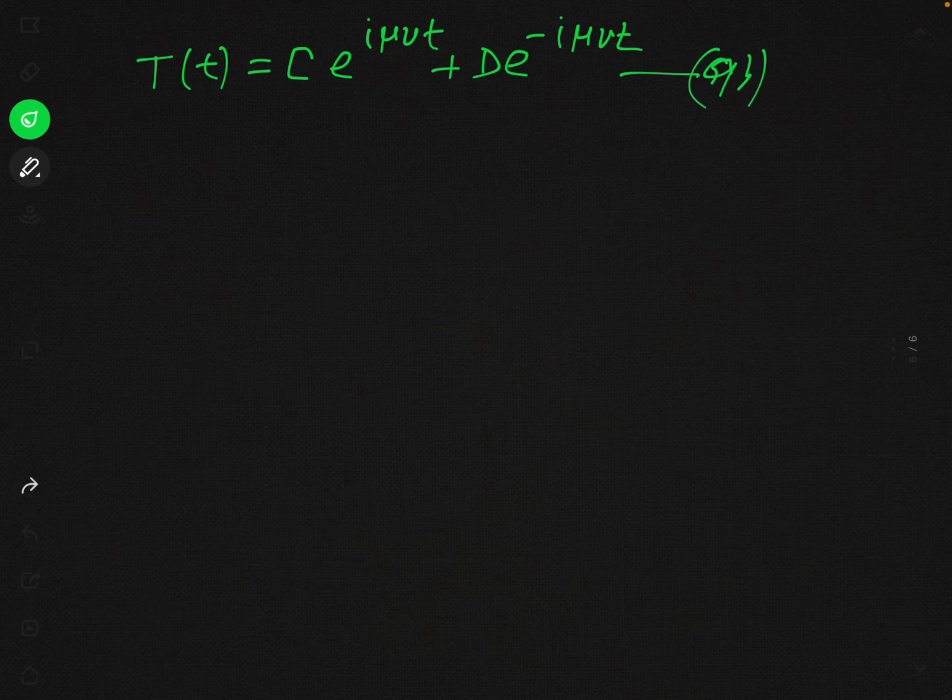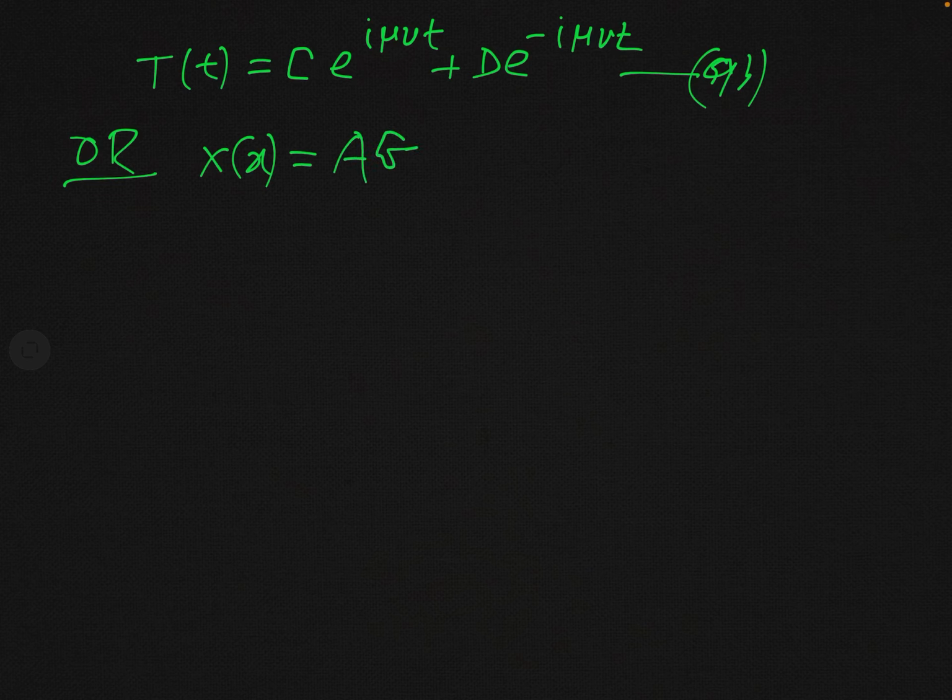You can also write these solutions in terms of the sine and cosine functions. So you may say these solutions can be given as X of x equal to a cos mu x plus b sin mu x.